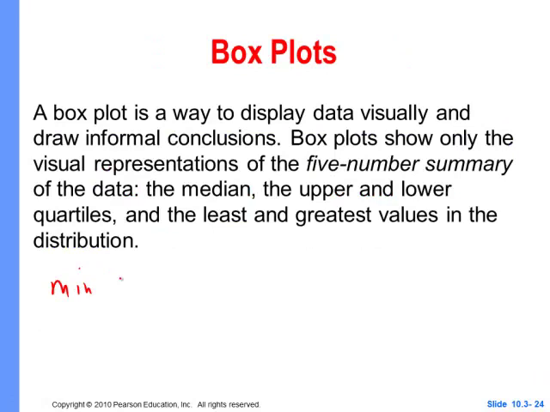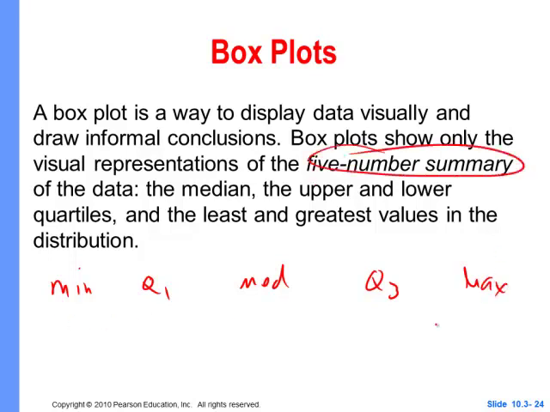Put them in order. Min, Q1, median, Q3, and max. They're the 5-number summary, and they help you make the box plot. You make a box that goes from Q1 to Q3. Wherever the median falls, you put a line in the box.